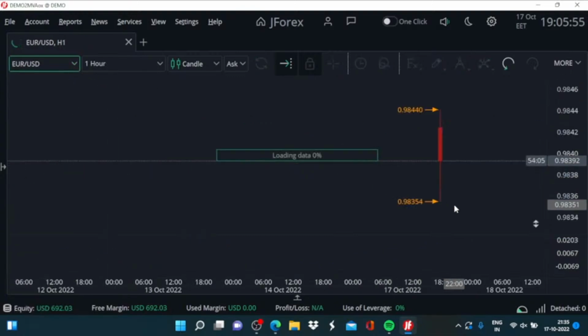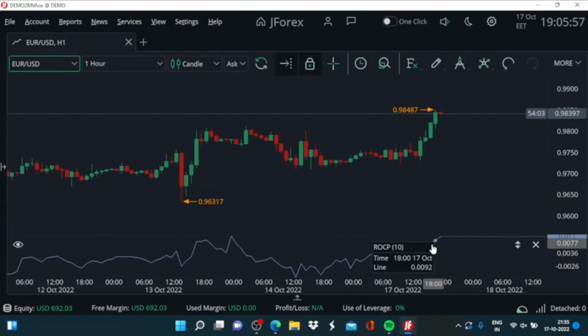For EUR USD, the momentum is also on the buy side, but over the same period of time the EUR USD has moved a little lower compared to the GBP USD. So you can say that the bullish momentum is stronger for the GBP USD than EUR USD.